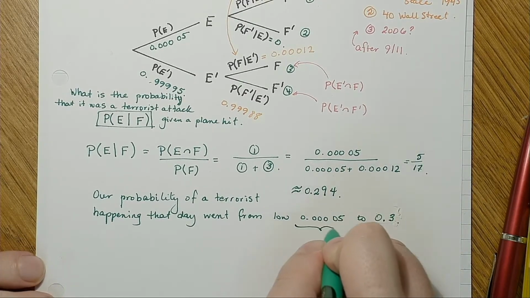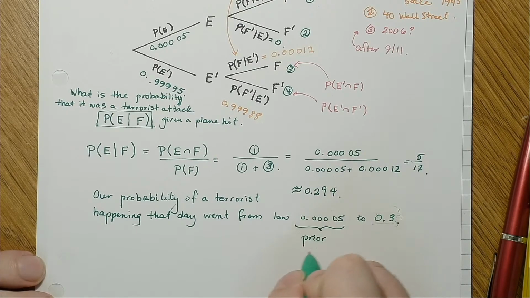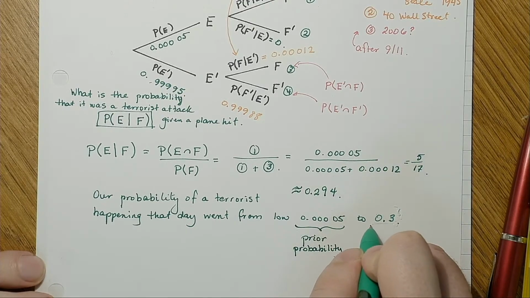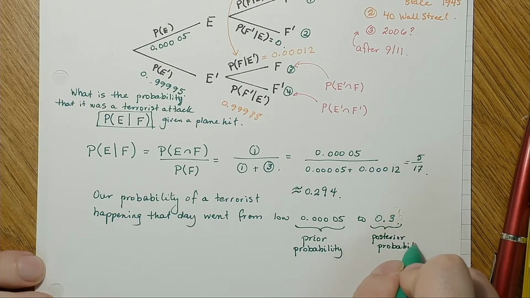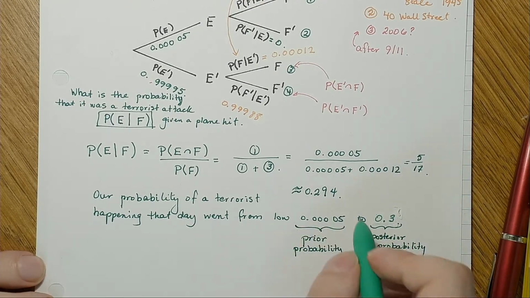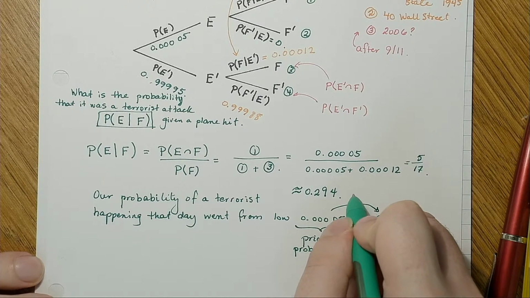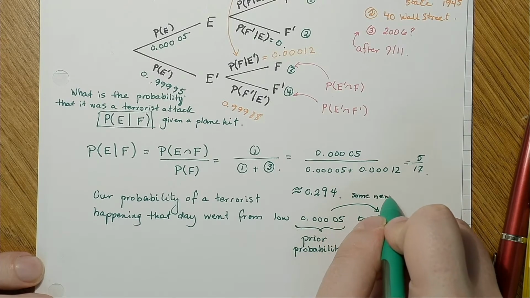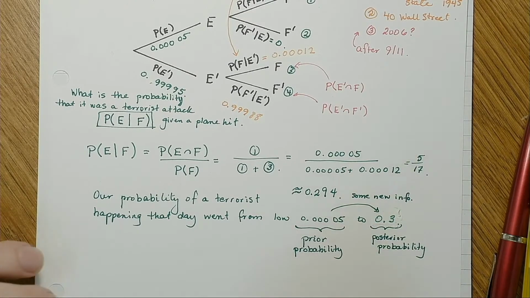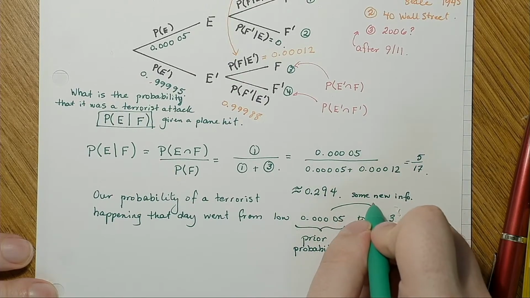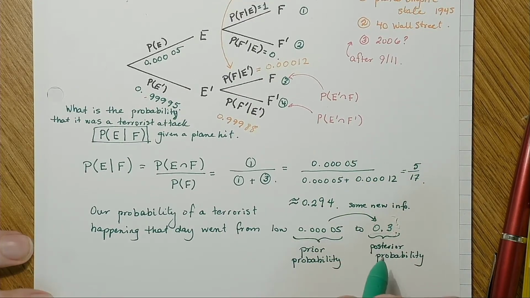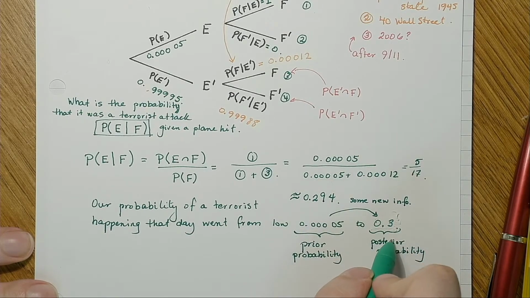This is what we would call our prior probability. And over here is called our posterior probability. This is what we start out with initially, and then to get here, there was some new information. So for instance, we saw a plane hit, and then updated our probability from something very low to something a little bit higher now.